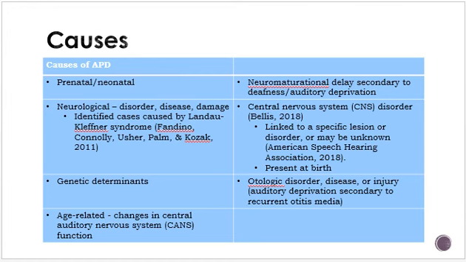It presents as an abrupt auditory processing problem that begins as an acquired verbal auditory agnosia in a child who was previously developmentally normal. This just means that over epileptic episodes, there is damage to the neurons in the brain.